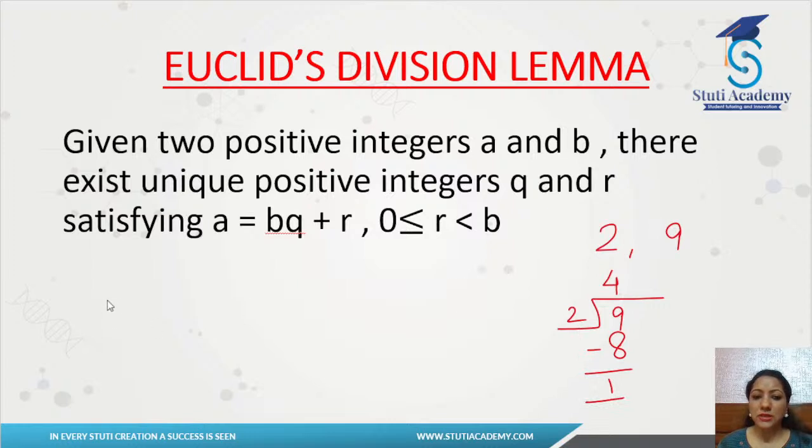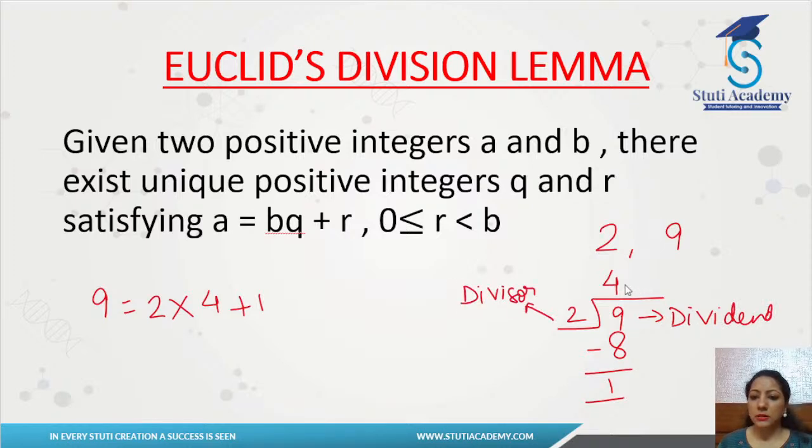So this is actually dividend is equal to divisor into quotient plus remainder. So this is your dividend. This is your divisor, then this is the quotient, and this is the remainder.